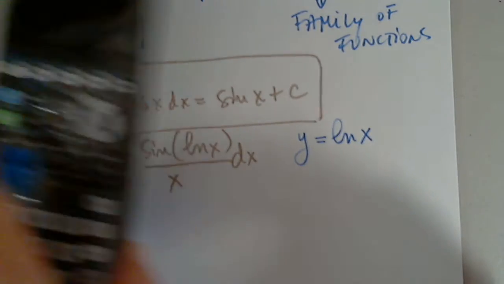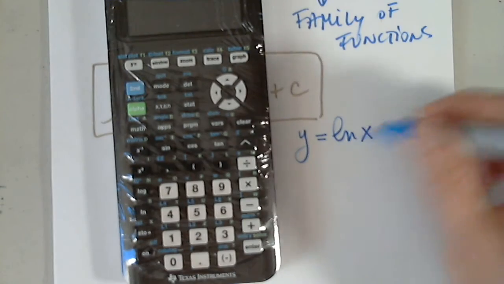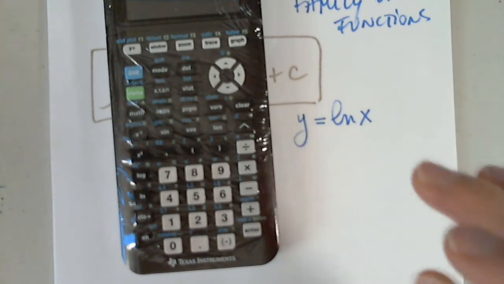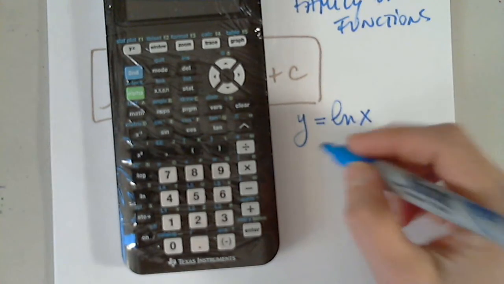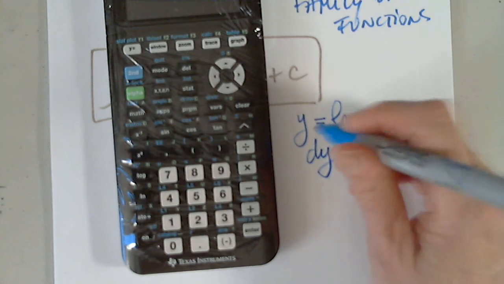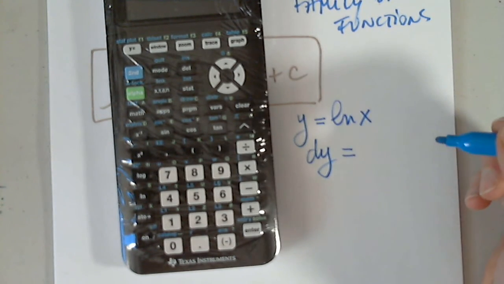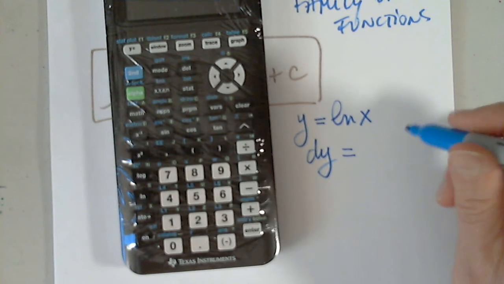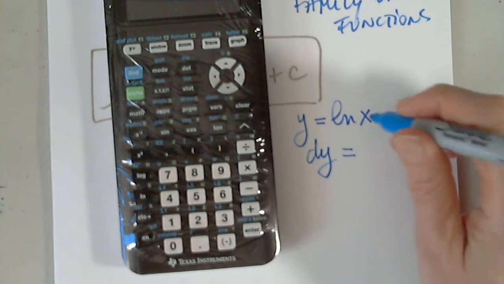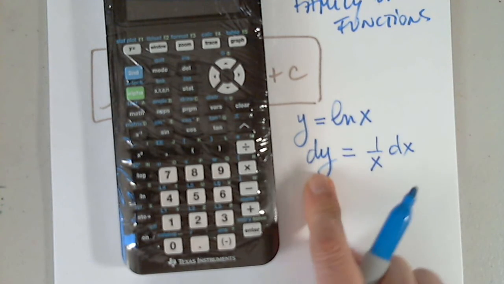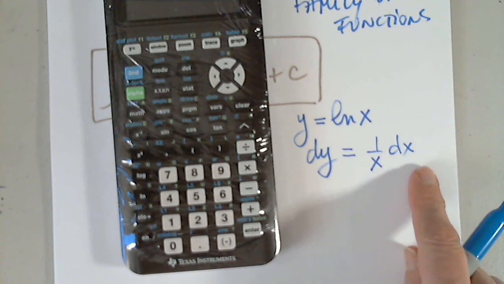And you could say, okay, wait a minute, what's with all this? Yes, I'm using a substitution, but I can continue only if the differential of this function that I just created is in the problem. Remember, the differential is not the derivative. So when I differentiate natural log, I get 1 over x, but because I'm interested in the differential of y, I have 1 over x dx.